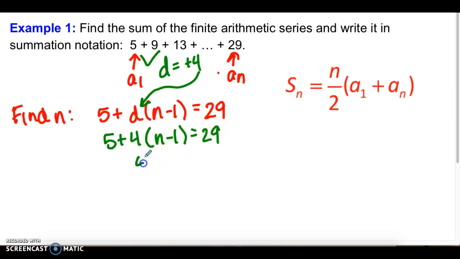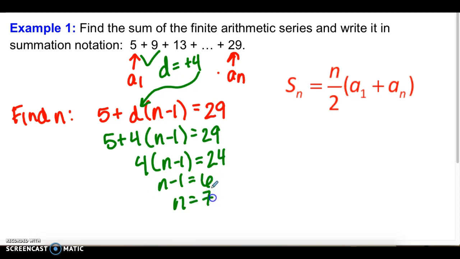If we subtract 5 from both sides, we get 4 times n minus 1 equals 24. We get n minus 1 equals 6. So that means there are 7 terms.